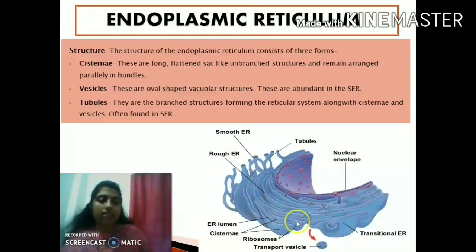Then the tubules are the long, elongated tube-like structures, right? And the vesicles are the globular or oval shaped structures which are generally used to transport different types of proteins formed inside the endoplasmic reticulum towards the Golgi. Clear? And the space within the cisternae is termed endoplasmic reticulum lumen. Clear?